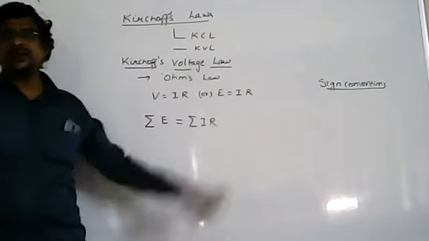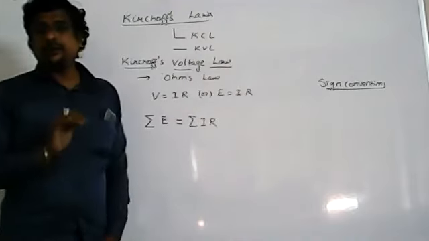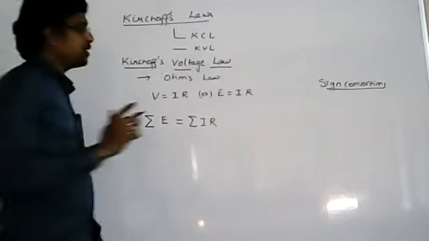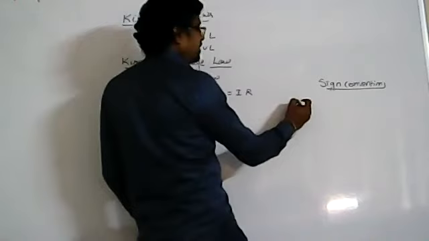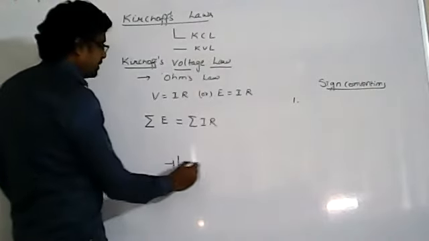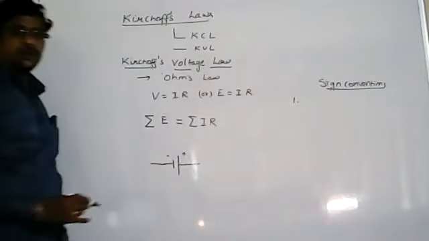So again there are sign conventions here. Be careful with the sign conventions of KVL, because in KCL there are only two conventions. Here you have to take four conventions. The first convention is that if I have a battery, this is the positive terminal, this is the negative terminal.